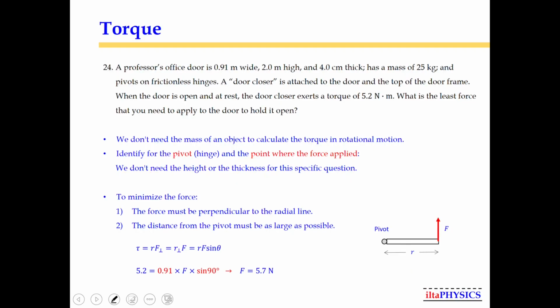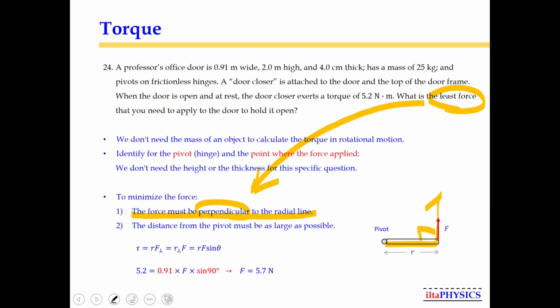To hold a door that closes with a constant torque of 5.2 Newton meters, the minimum force must satisfy two conditions. First, the force must be applied perpendicular to the radial line connecting the axis to the point of application. That is, the angle must be 90 degrees to hold the door with the least amount of force.